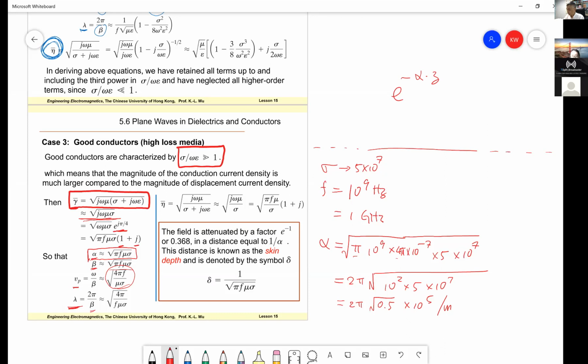Let me see, something is wrong. Yes, this is per meter.